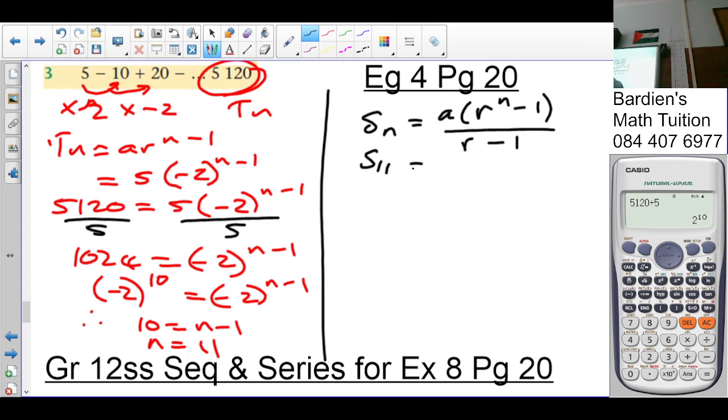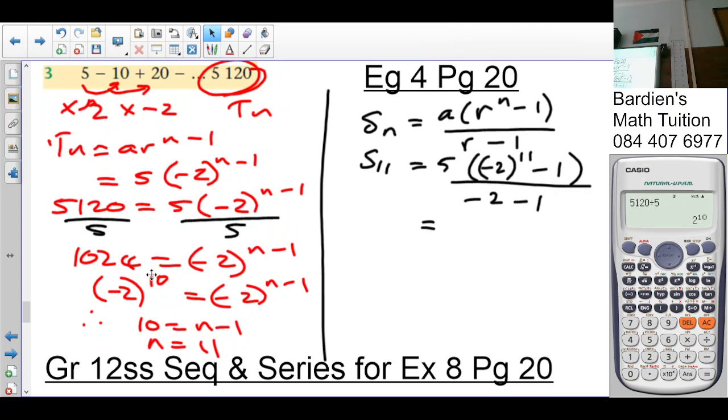So S11 is equal to 5 into (negative 2 to the 11 minus 1) over negative 2 minus 1. That gives us 3,450.